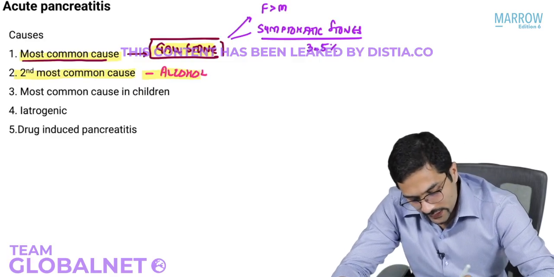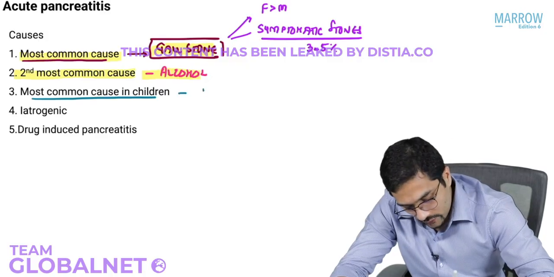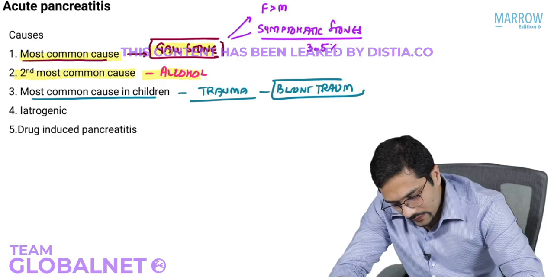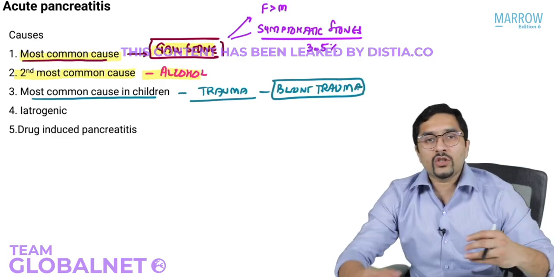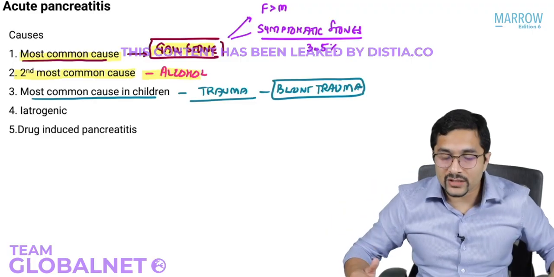The most common cause in children has also been asked in the exam, and the most common cause in children is trauma. And this is usually blunt trauma to the abdomen. And the typical history which you will get is a handlebar injury or blunt injury to the epigastrium, right?